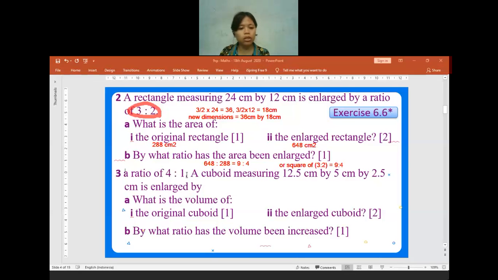My text is missing, sorry, it's in the wrong place. So now the cuboid will be enlarged by the ratio 4 to 1. Now let us find the new dimension of this cuboid. Anyone know what to do?